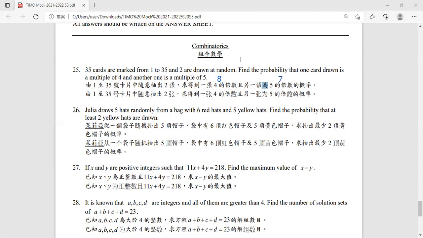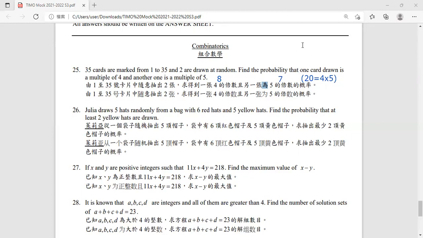But there is one card that is both a multiple of 5 and a multiple of 4, which is 20. So you have to consider the case where we have drawn that card.